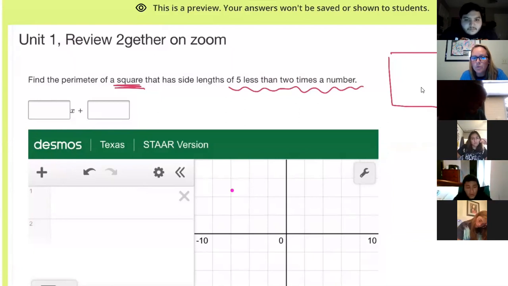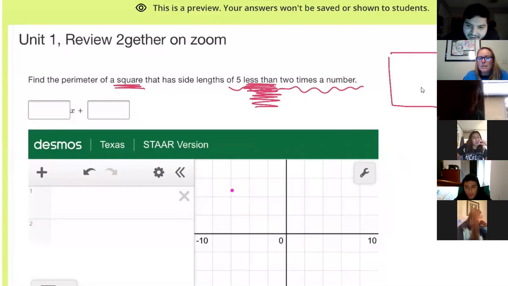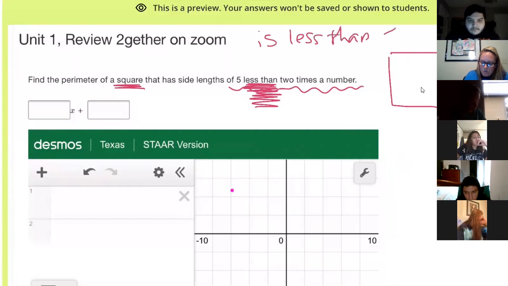That'll help. This one is very tricky because of the less than. When it says less than, that's different than when it says is less than. Is less than gives you the inequality, but if it just says less than, they're talking about subtract.